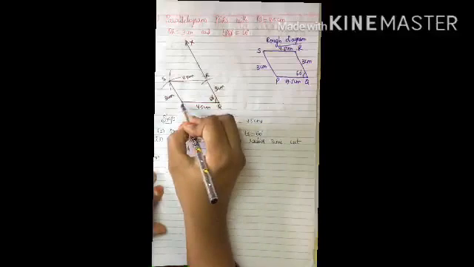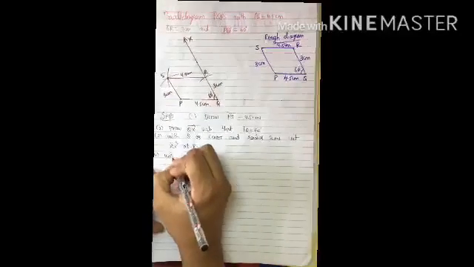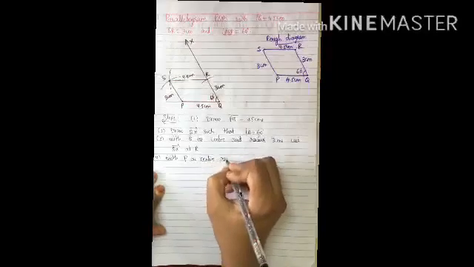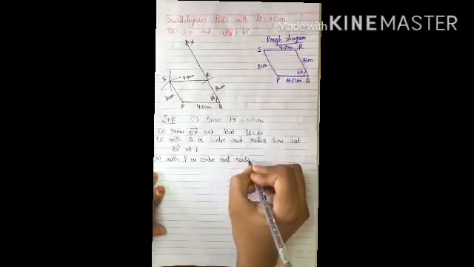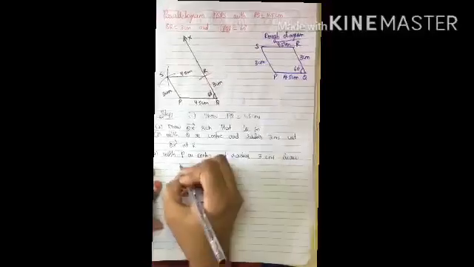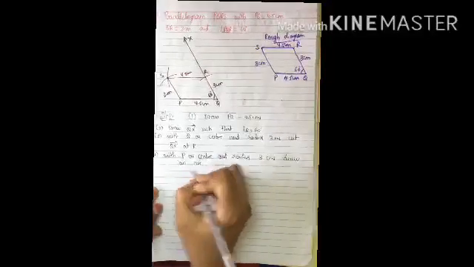Next, with P as center and radius 3 centimeters, draw an arc.